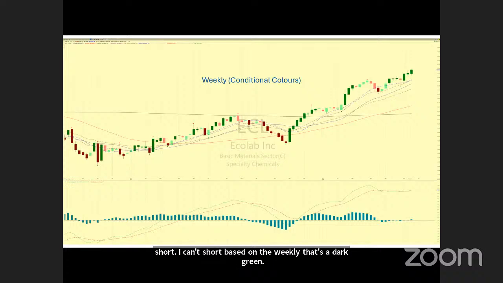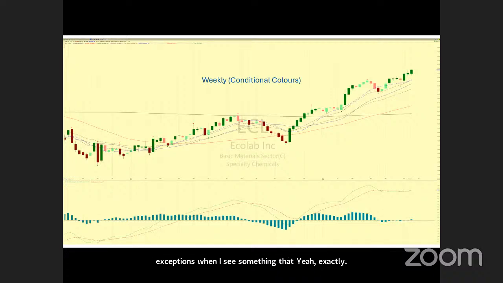There might be exceptions when I see something that, yeah, exactly, Alex, just a fib extension for the measured move. Yeah, of course. This chart, the weekly, is my bias. It's through the master trader stuff, like go one time frame higher. So that's what I've set up here.